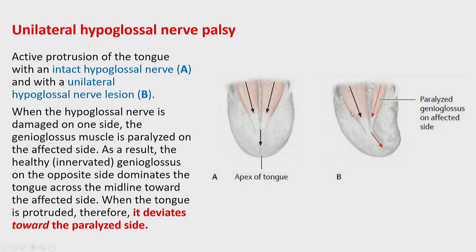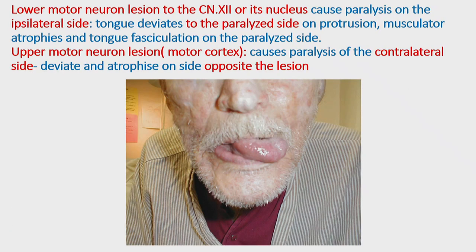So this strong muscle pushes the tongue toward the paralyzed weak side. It means that the deviation is always toward the paralyzed side. This is very important for the examination of the hypoglossal nerve, cranial nerve number 12, and also the functioning of the genioglossus muscle.